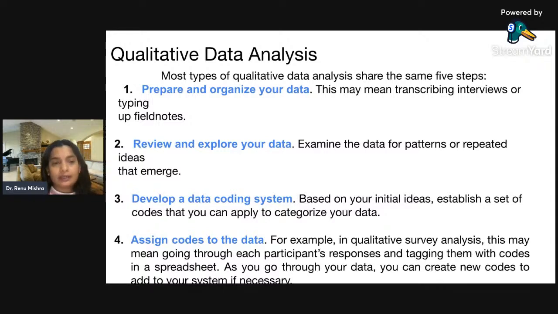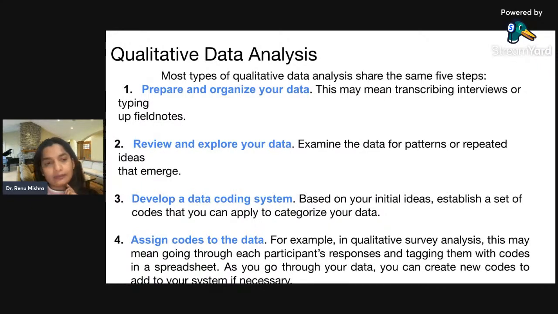Then you explore the data to see if there is any common theme, any common thing which occurs or comes through the responses, and then you code them. How do you code them? In step 2 you have come across different themes, some parallel, some the same, and you code them individually.